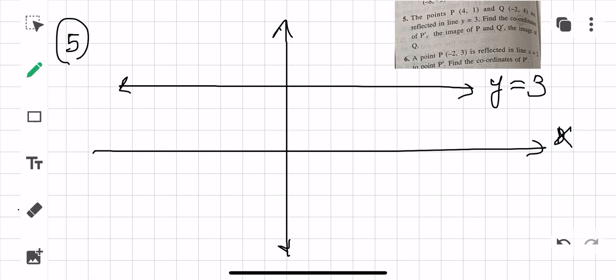Now this line is acting as a mirror for the given points. So what will be the coordinates of this point, children? Clearly it is going to be 0 comma 3. This might not be needed, but this is for you to understand. Then you have to see what points have been given, children? 4 comma 1. So where does 4 comma 1 come, children?